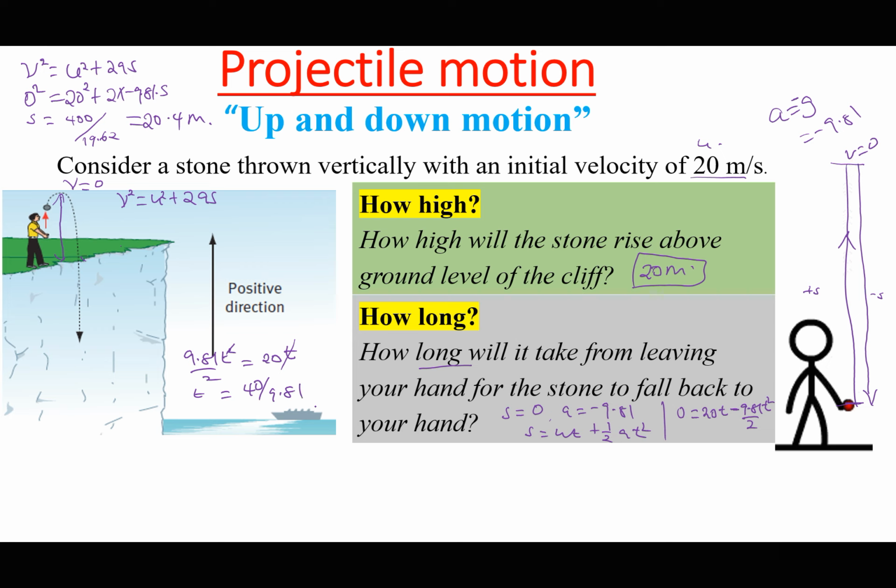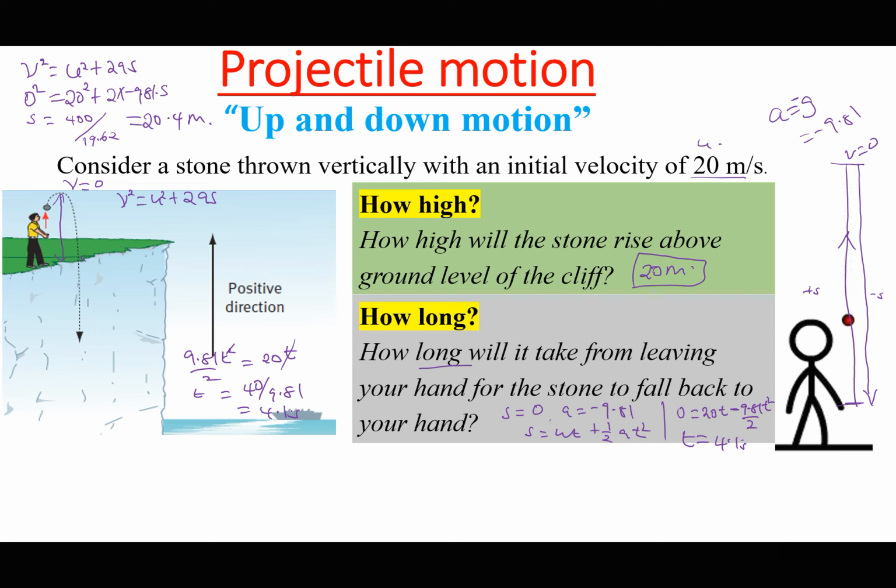I can check my calculator: 40 divided by 9.81 is approximately 4.1. So the time here is approximately 4.1 seconds. That is the time it is going to take to go and come back.